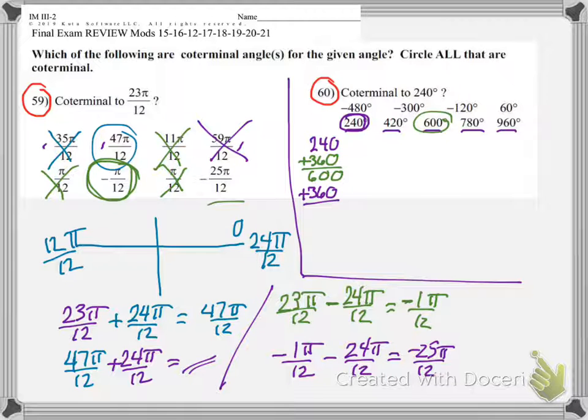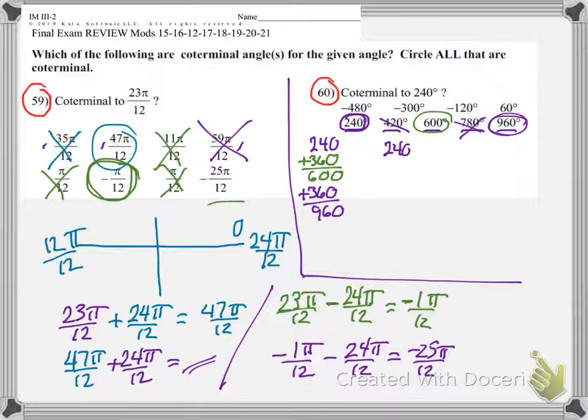Oh, wait a minute. I went from 240 to 600 without ever touching 420. It's in between there, and I didn't get there. Cross that out. 600, 960. I went right past 780 without touching it. Get that guy. Go back to the beginning, and let's find things that are smaller than 240.